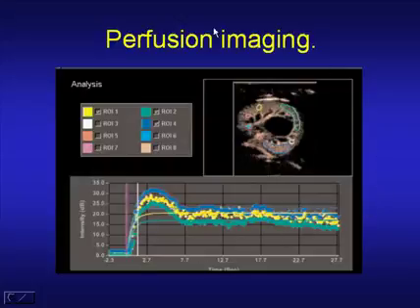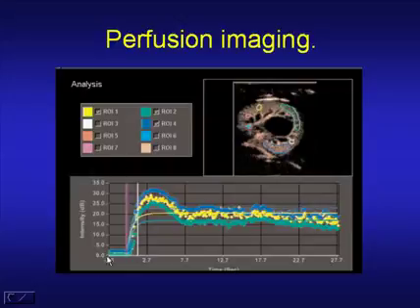We can also perform perfusion imaging. If we give a high mechanical index pulse to burst all the bubbles, they will slowly perfuse into the imaging space from vessels around. And we can map regions of interest, and we can plot the arrival of these microbubbles with low mechanical index imaging and produce graphs of this type that you'll be familiar with from dynamic contrast-enhanced CT and MRI.